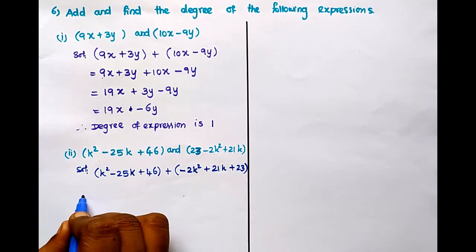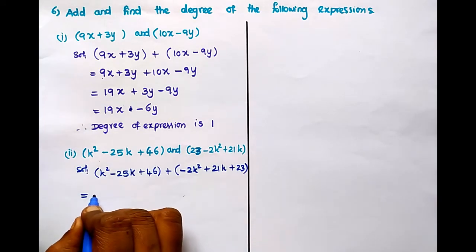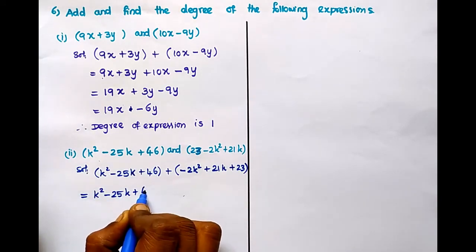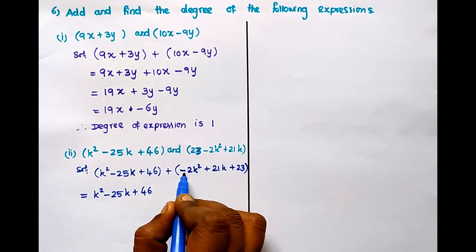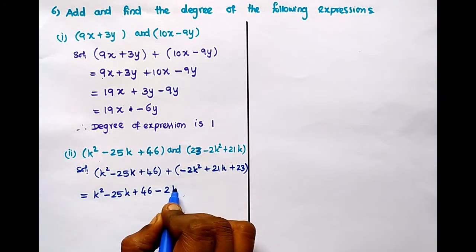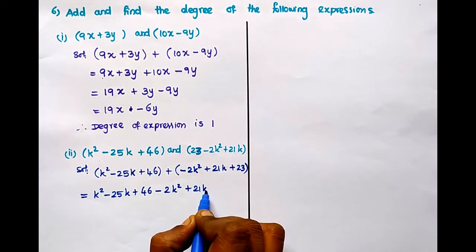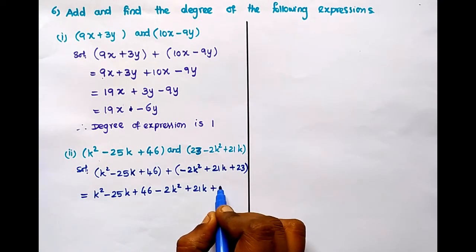Here remove the bracket: k square minus 25k plus 46, here plus into minus, minus 2k squared, plus into plus 21k, plus into plus 23.